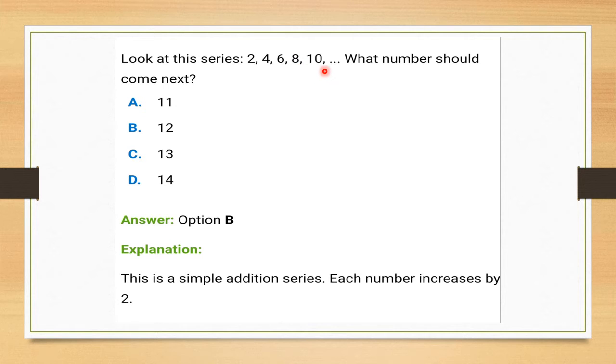The difference between 2 and 4 is 2, 4 and 6 again 2, 6 and 8 is 2. It means we have to add 2 to the last number, that is 10. 10 plus 2 is equal to 12. So the answer is 12, option B.